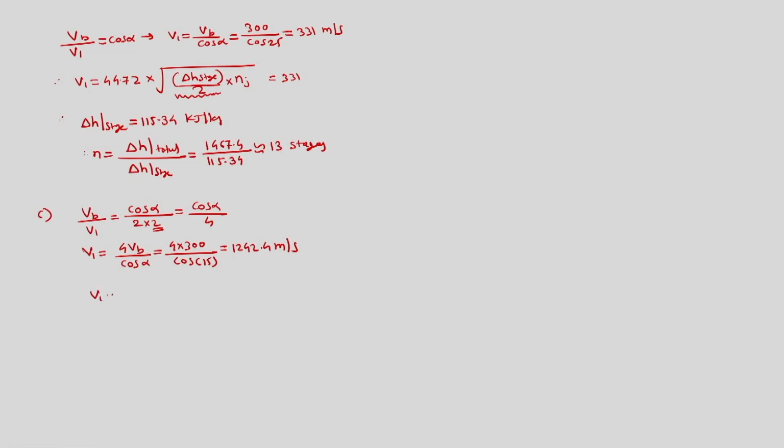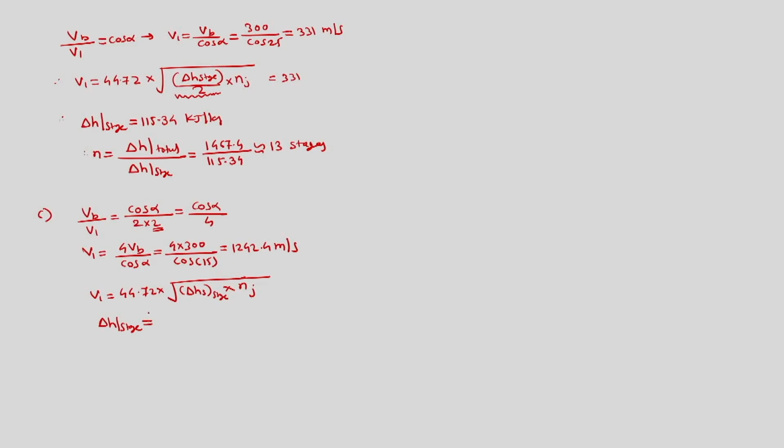So V1 is equal to 44.72 into square root of delta H stage into nozzle efficiency Nj.